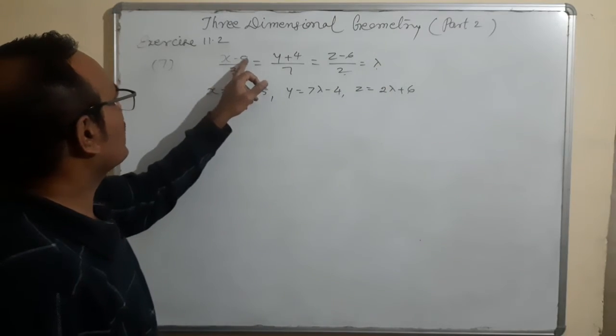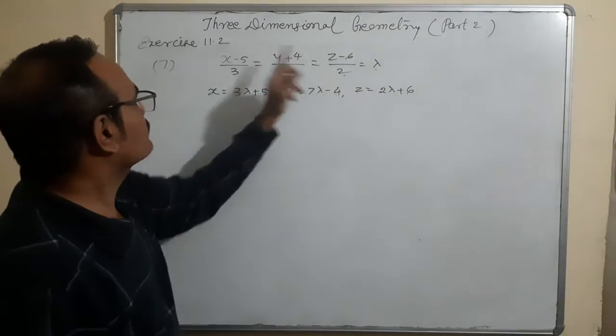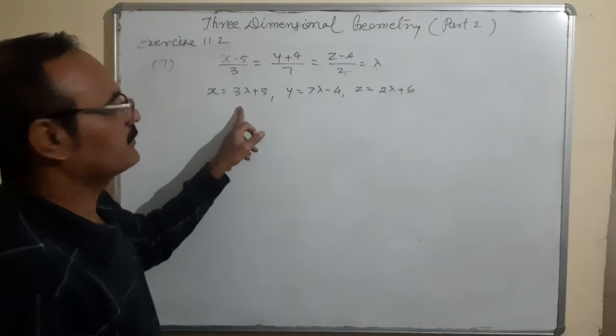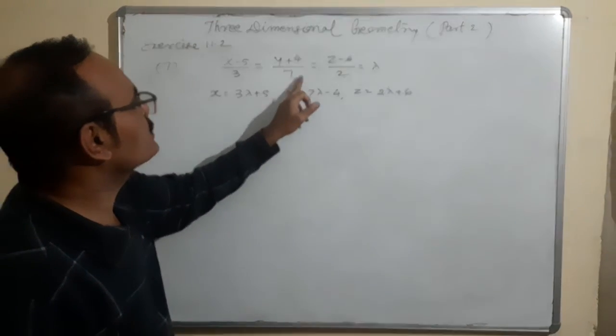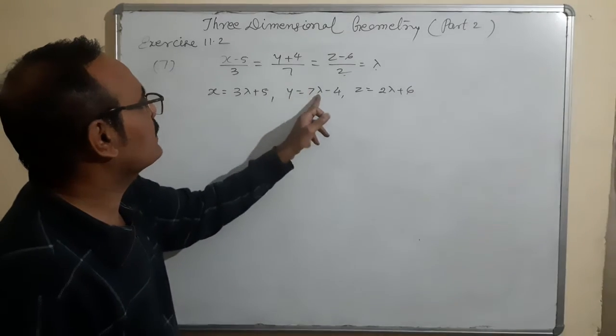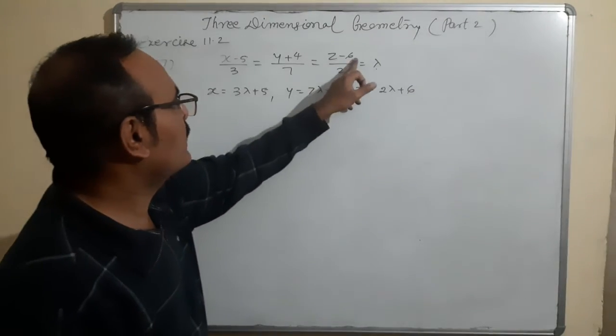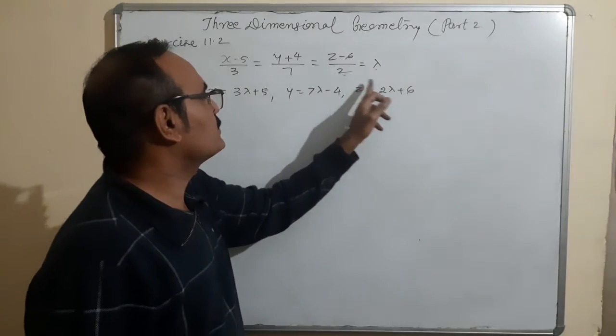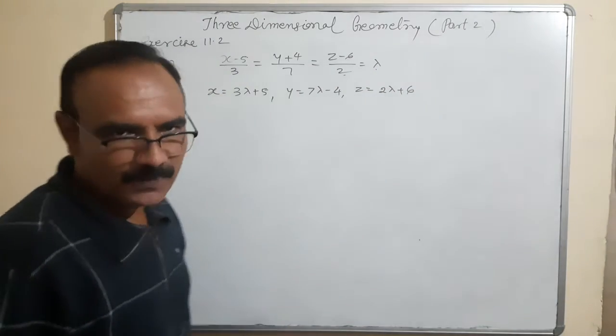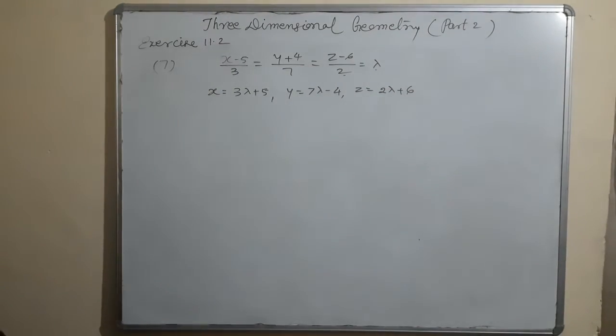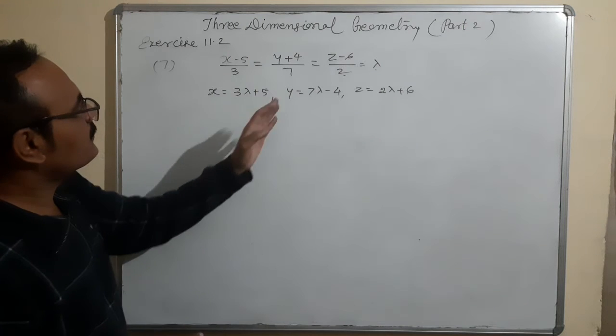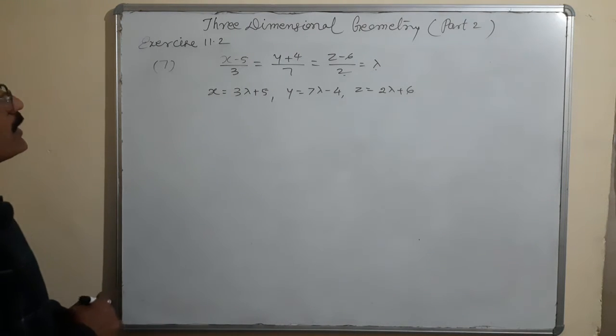Therefore, x minus 5 is equal to 3 lambda. So, x is equal to 3 lambda plus 5. Same as y plus 4 is equal to 7 lambda, y is equal to 7 lambda minus 4. And z minus 6 is equal to 2 lambda, z is equal to 2 lambda plus 6. Okay, right? If we vectorize this term, what happened?